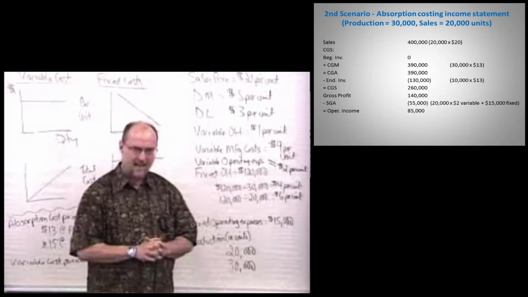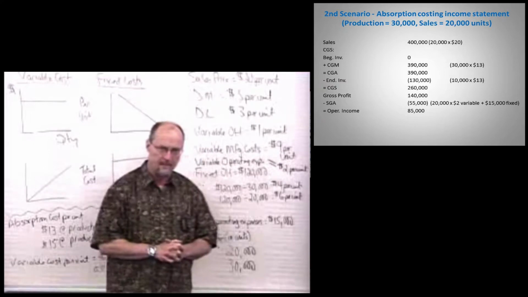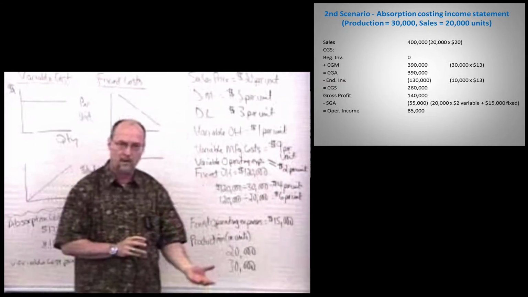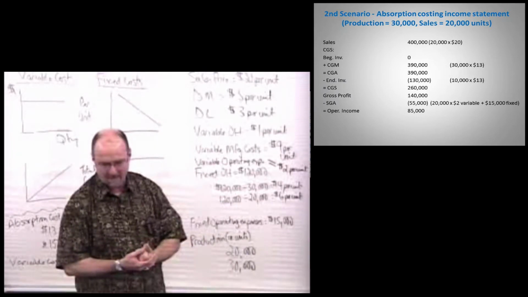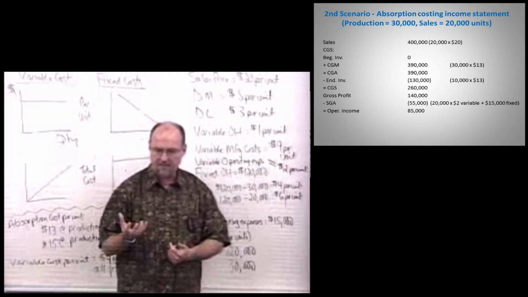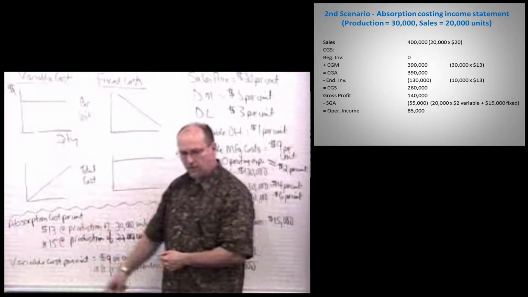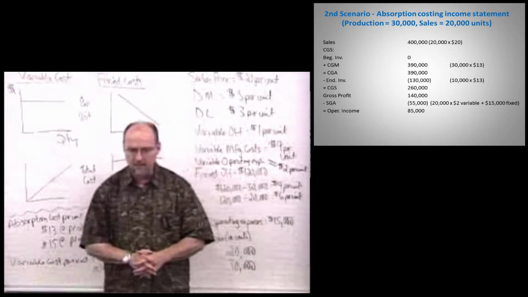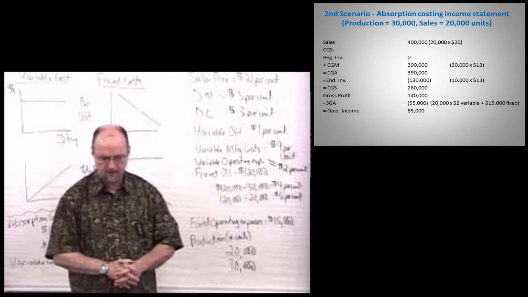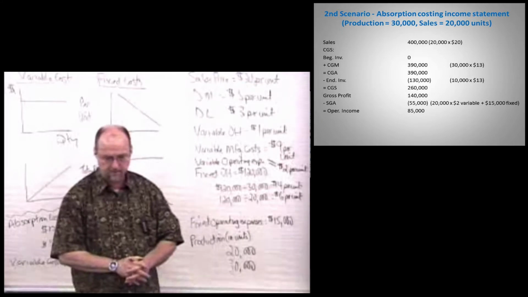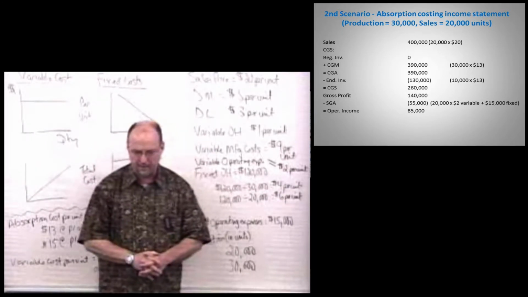Now, I have 10,000 units in ending inventory. I produced 30, I only sold 20. Notice, my ending inventory, 10,000 units at a product cost of 13, will be 130,000. And that'll give me cost of goods sold of 260,000. Sales, 400, minus cost of goods sold, 260, gross profit, 140.